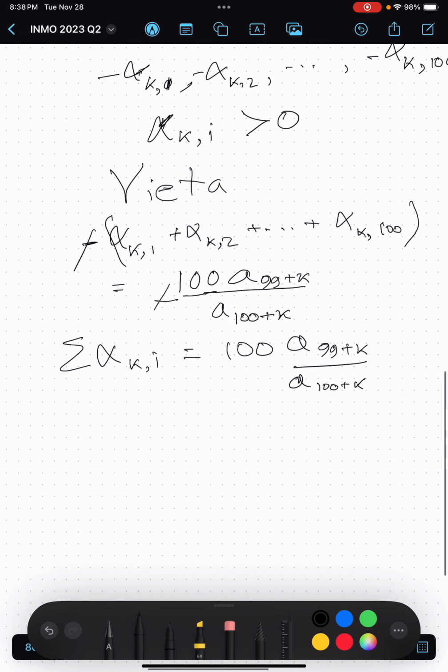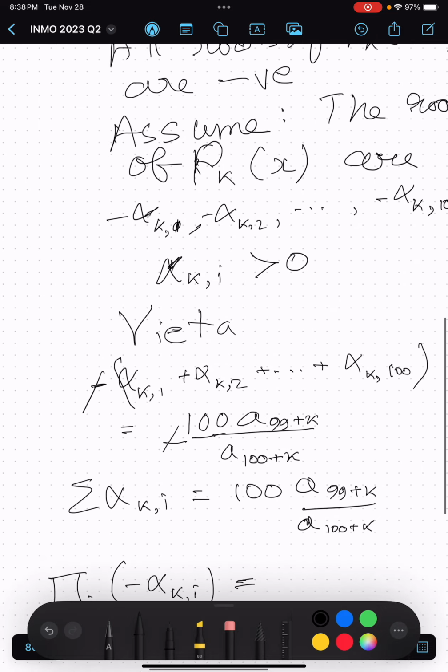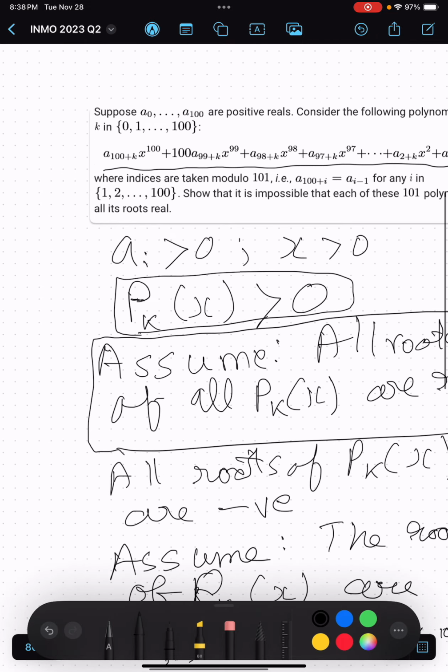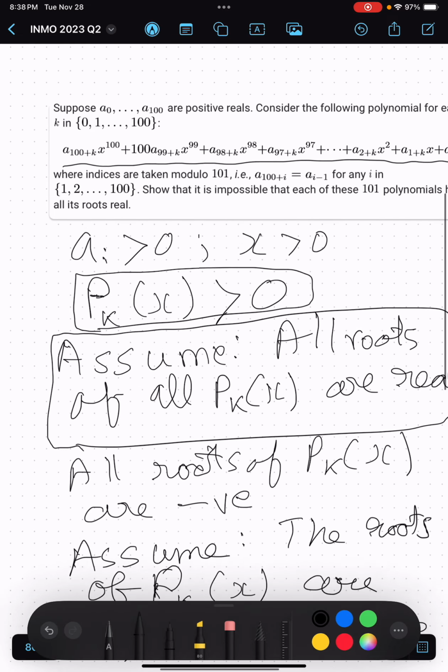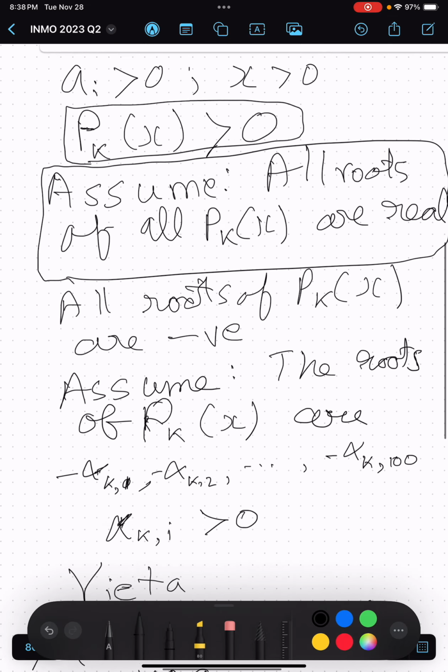Now from Vieta, the product of roots will be the constant coefficient divided by the coefficient of x to the power 100, so we'll have a_k divided by a_{100+k}.